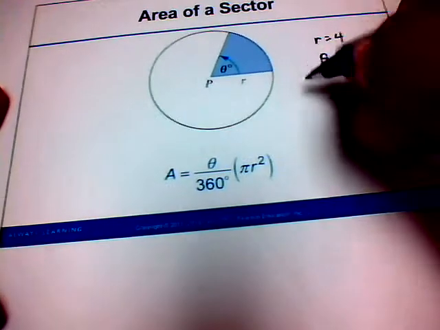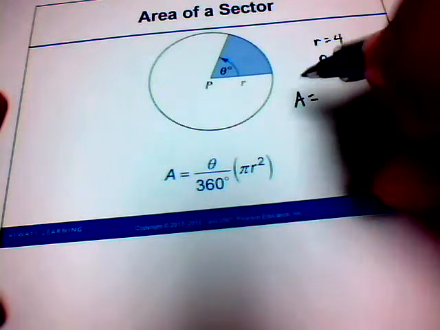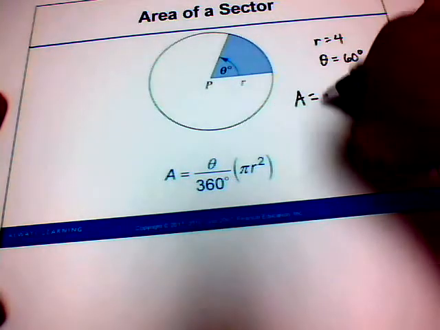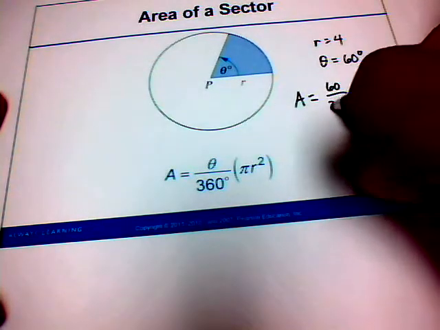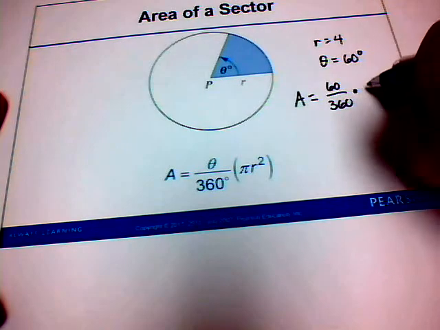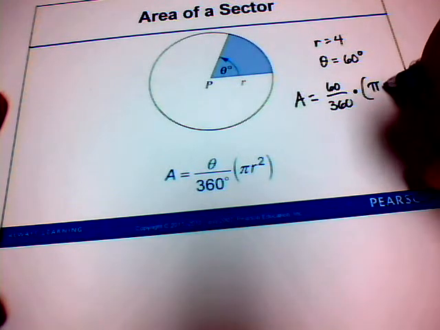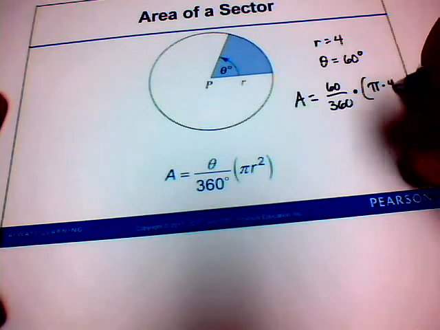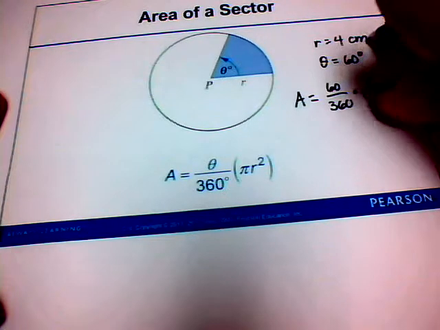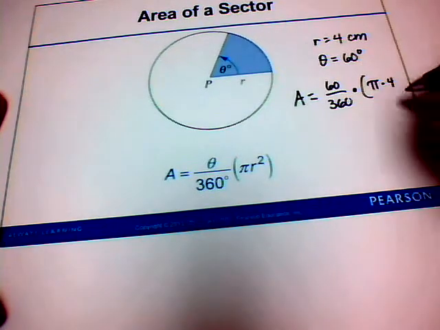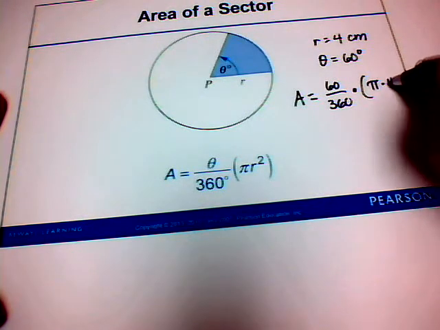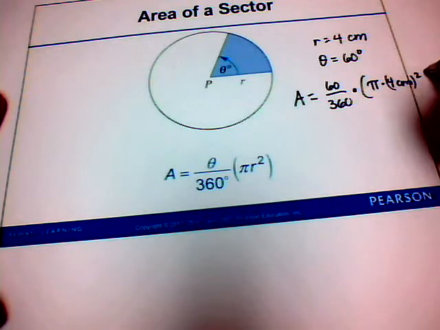Okay, so in this case we'll say A is equal to theta, that's 60 degrees, over 360, multiplied by pi times the radius, which is 4. Let's say this is 4 centimeters, by the way, and that's squared.